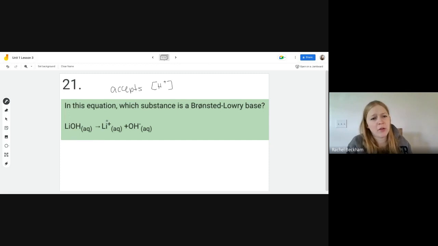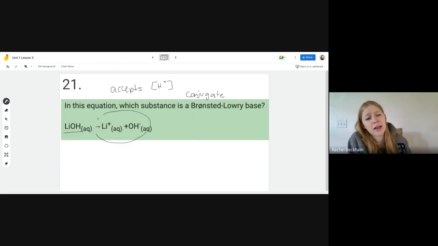But for this scenario here, LiOH breaks apart, right? And when we ask which substance has the ability to accept H plus, it would be something that would have a negative charge. Like in the future, could it accept H plus? And so they should have said which substance is a conjugate Bronsted-Lowry base, like that. Because it's something that's going to be on this side.